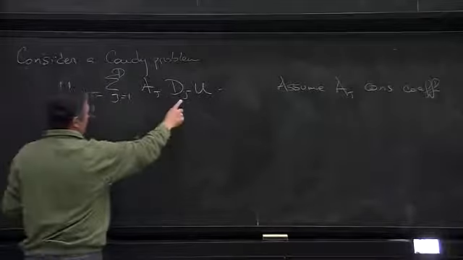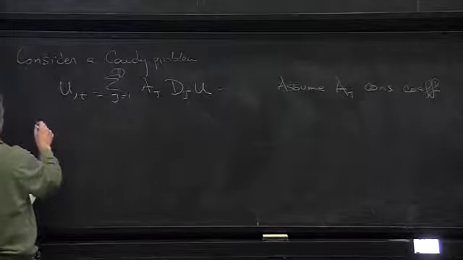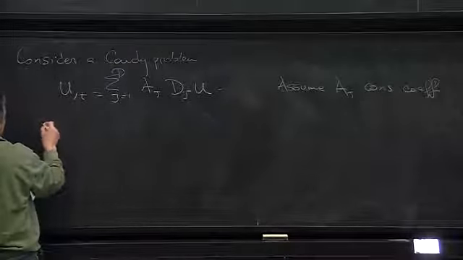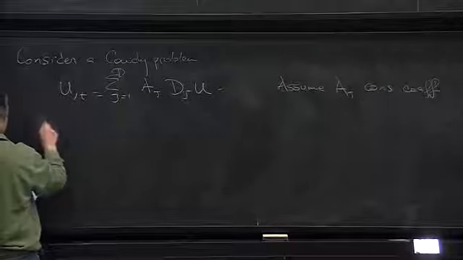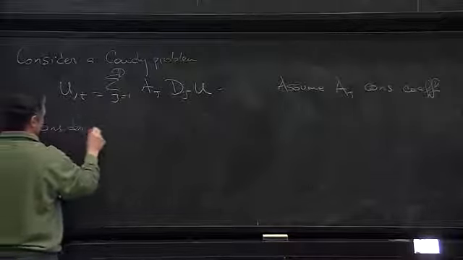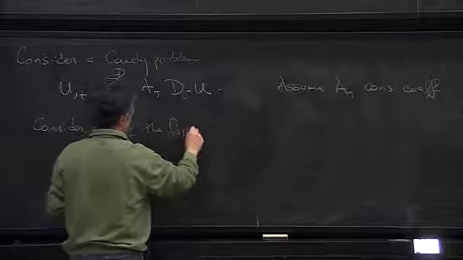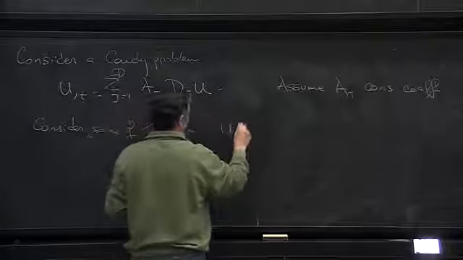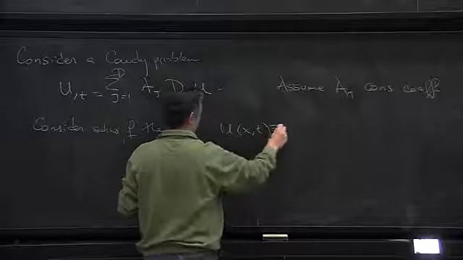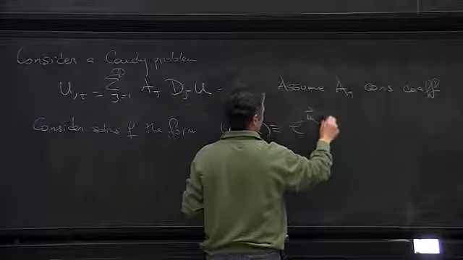So with that, now consider solutions of the form u of x and t, e to the i omega x.